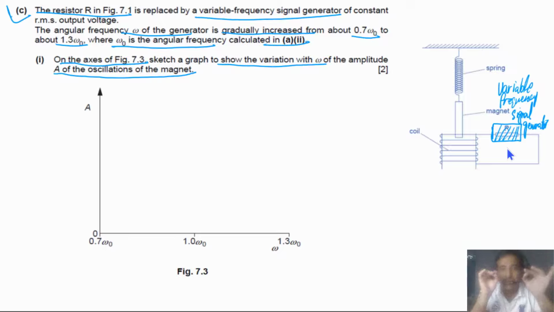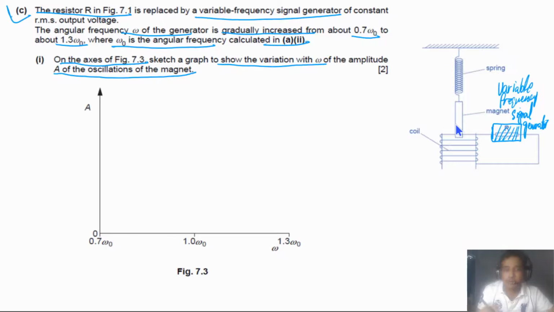So it will send alternating, variable current to this coil, and this coil will produce its own variable magnetic field, and the frequency of the generator we can change. So we can change the frequency of the induced current, and also the frequency of the magnetic field.